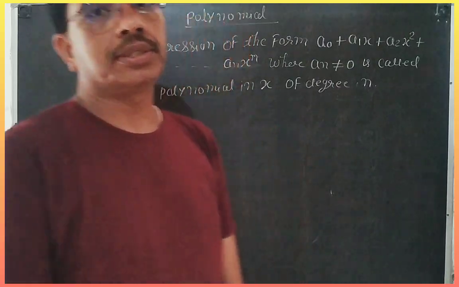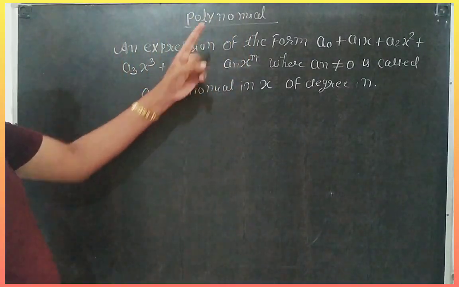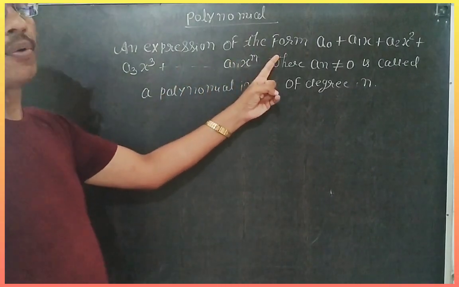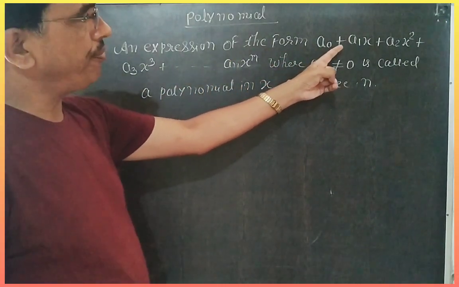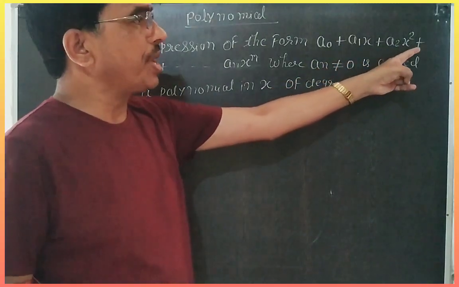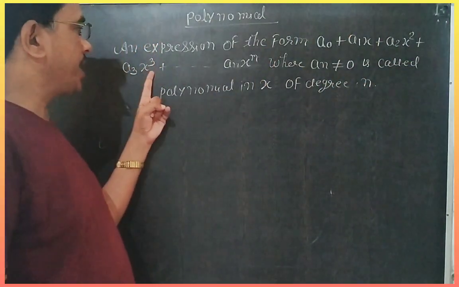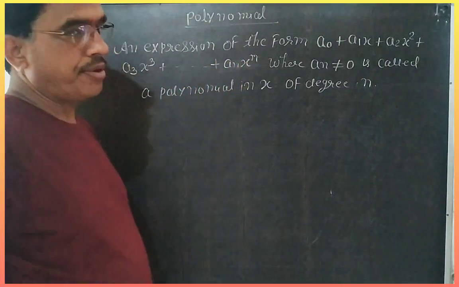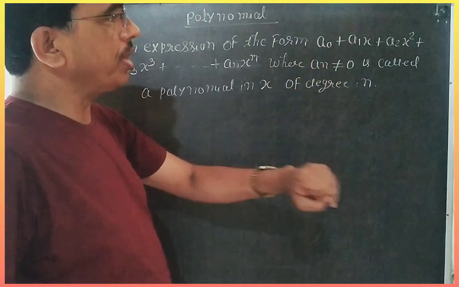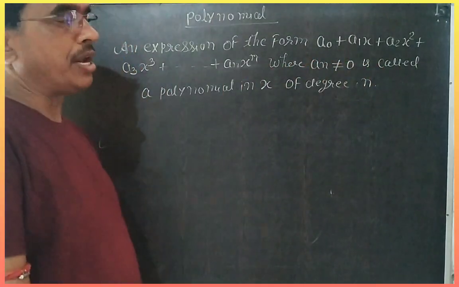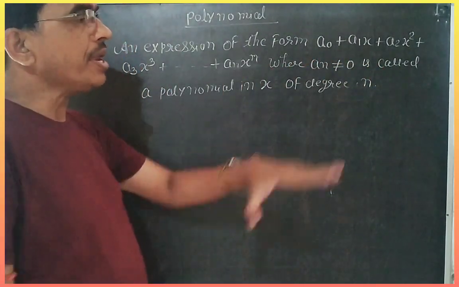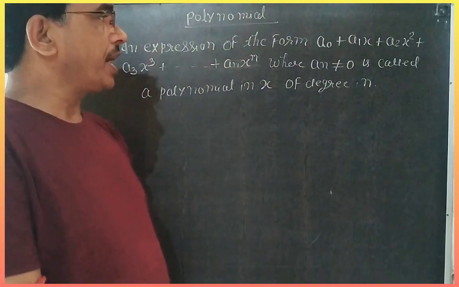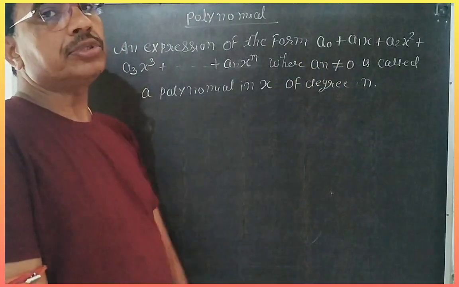So dear students, what is a polynomial? An expression of the form a0 plus a1x plus a2x square plus a3x cube plus dot dot dot anxn, where an is not equal to 0, is called a polynomial in x and of degree n, where the a's are real numbers, but with the condition that an is not equal to 0.